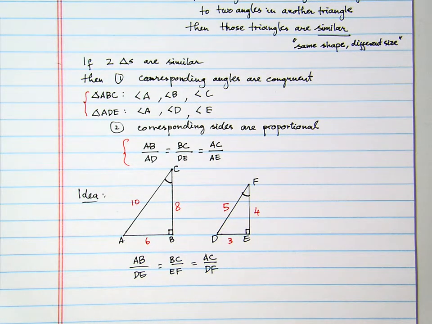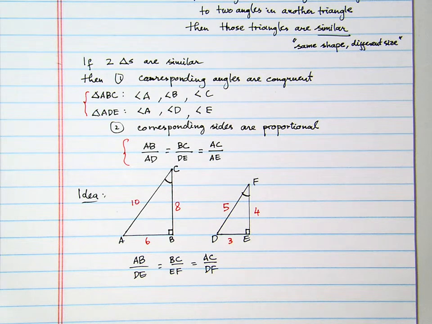So you can see that the Pythagorean triples not only come from the algebraic proof, but in geometry also follow from the idea of similar triangles.